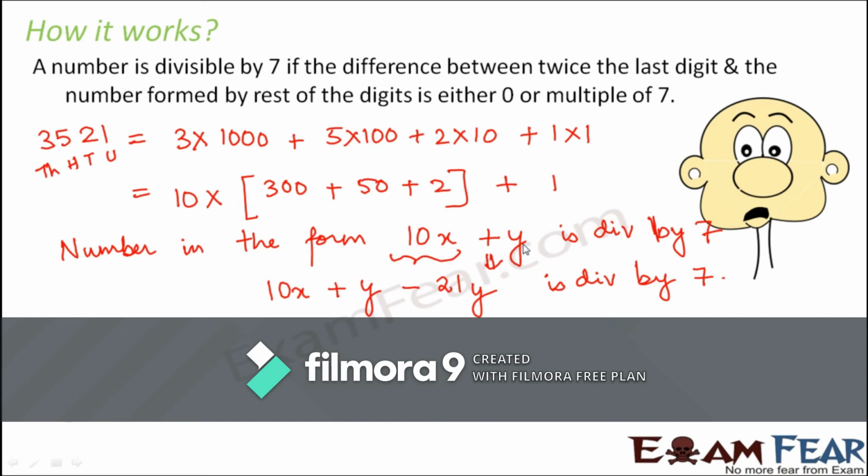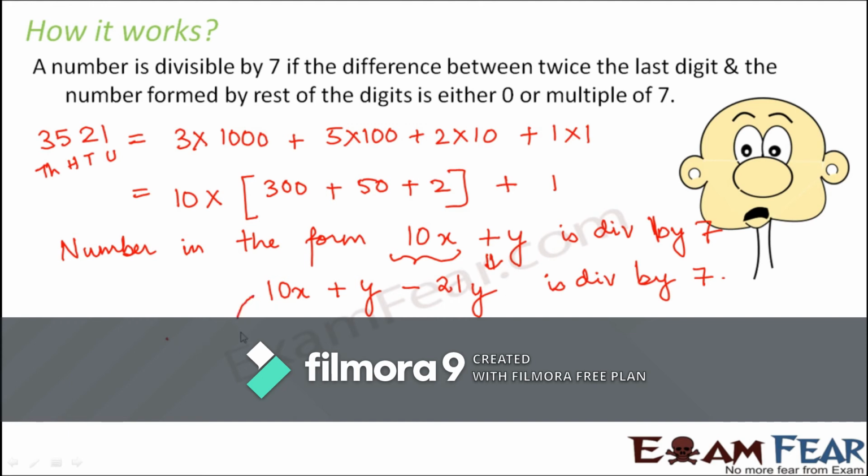If I say this, it is the same as saying 10x plus y minus 21y is divisible by 7, because in the first sentence we assumed that this part is divisible by 7, and the new part that we have introduced is a multiple of 7. So we can say that this entire thing is divisible by 7.